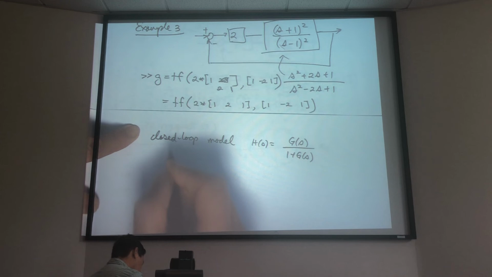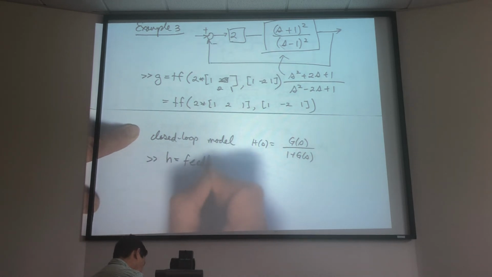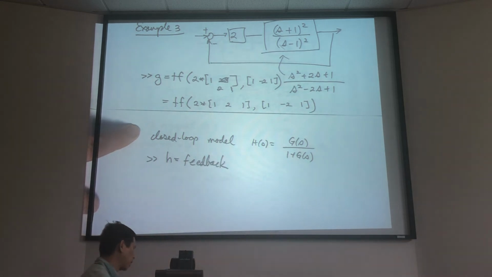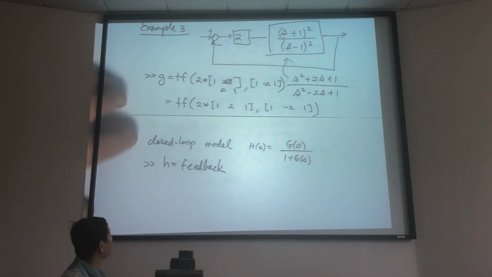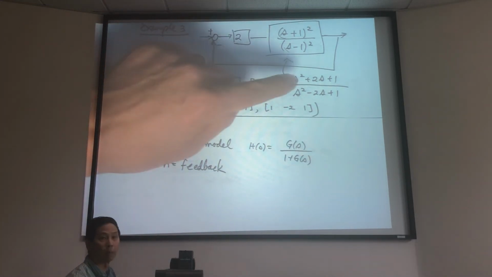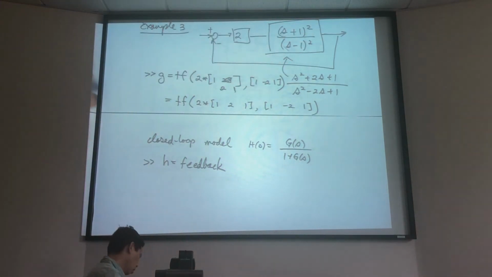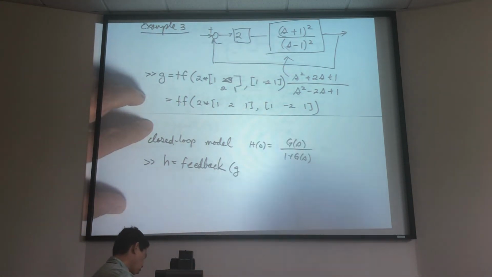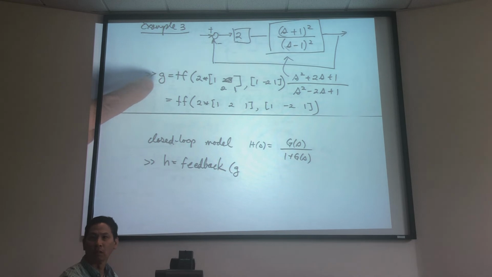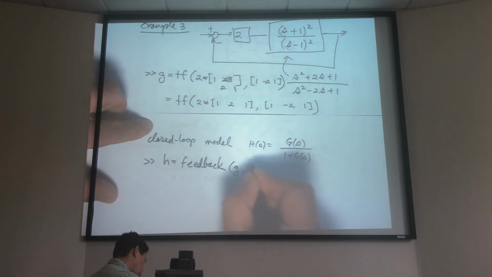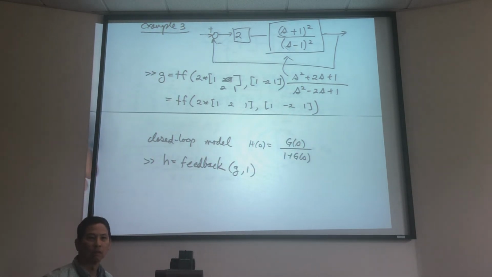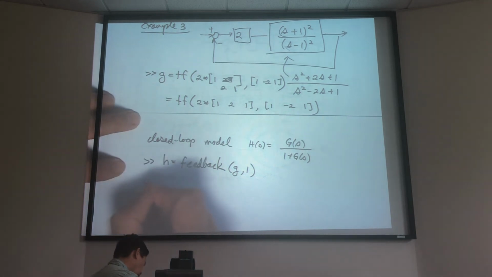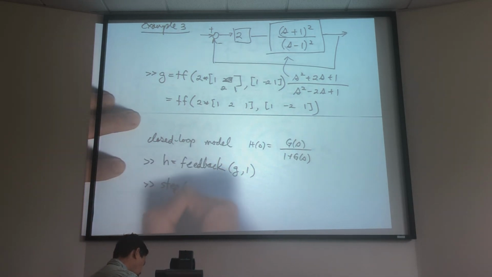Let the computer do it. Let's use the feedback command to calculate it. With the feedback command, I have to give it the forward path gain from here to here. So that's G, the G that I defined earlier. And the feedback gain is 1. And now let's do a step response on H.